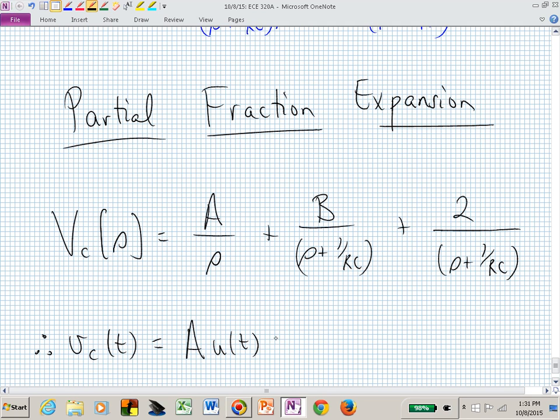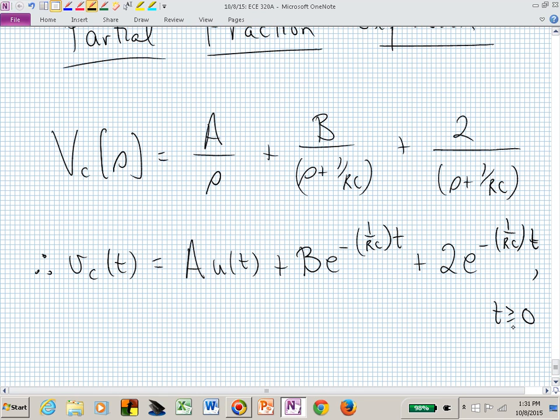What's the middle term become in the time domain? Is that clear where that's coming from? And then if that's the case for the middle term, what's the last term going to yield? That will be 2e to the minus 1 over RC times t, for t greater than or equal to 0.